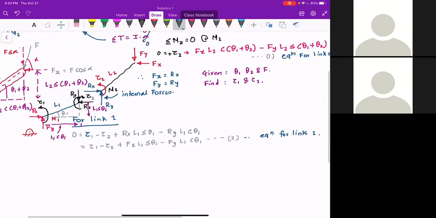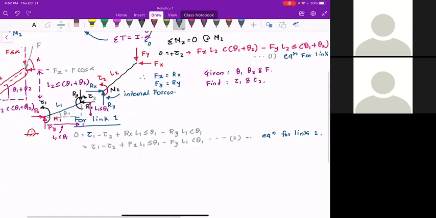Cosine describes the x direction. Yeah, that is correct, but we are looking at the moment. So the summation of moment about z is equal to 0, and that equation is applied at M1. So I'm looking at the moment.